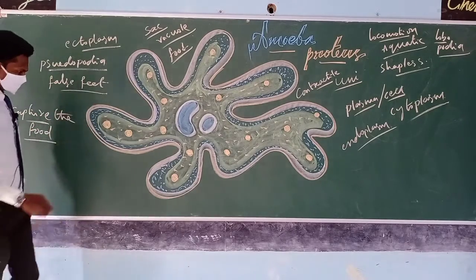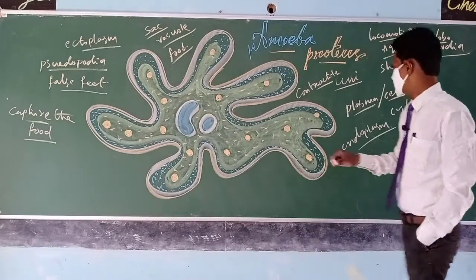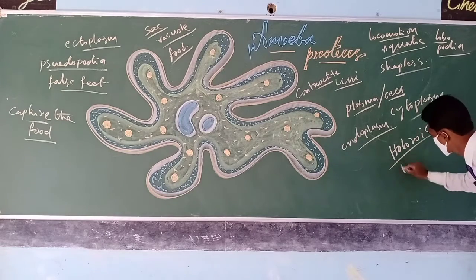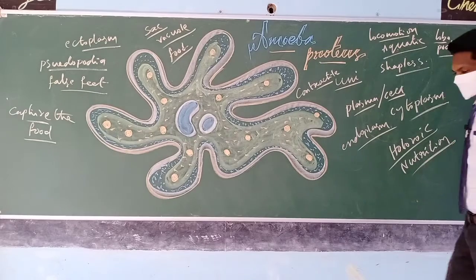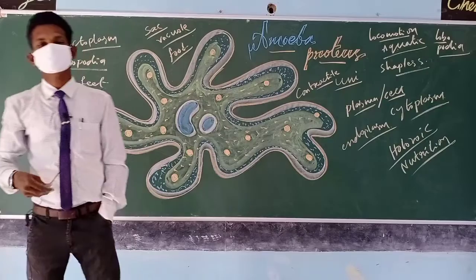So here amoeba performs a special type of nutrition that is known as holozoic nutrition. Basically we know what is meant by nutrition. Procurement of nutrients by an organism is known as nutrition.